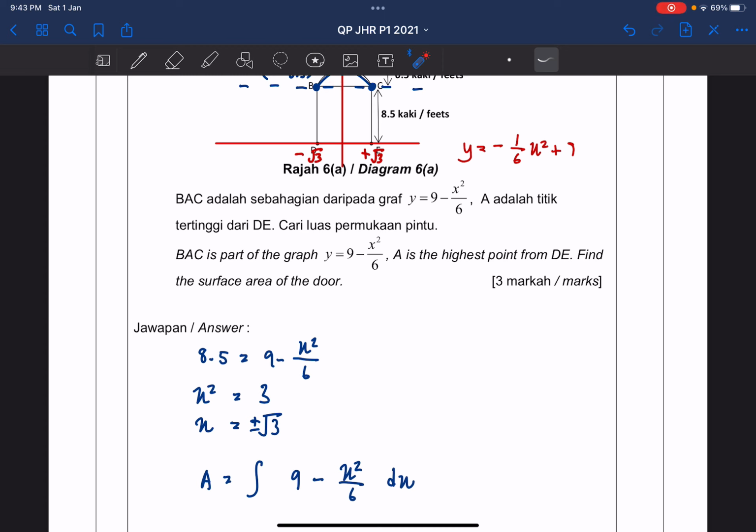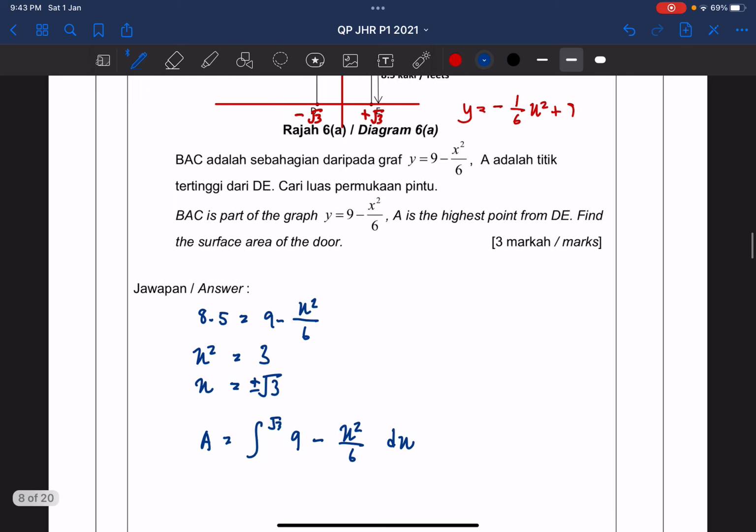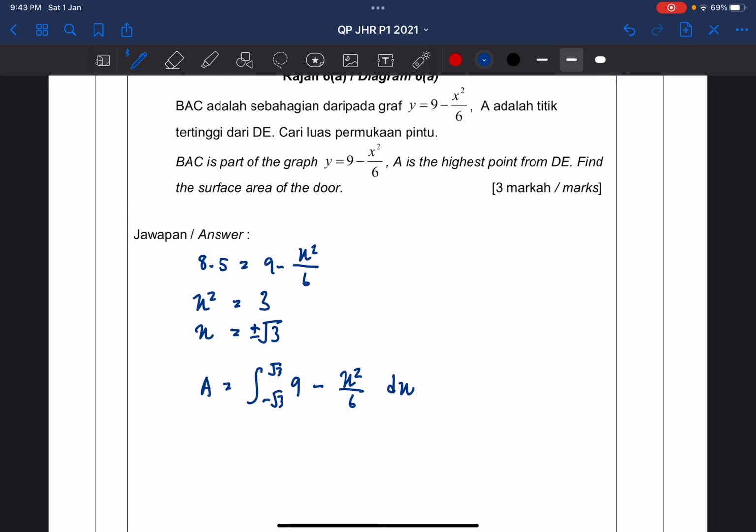Our upper limit will be square root of 3, our lower limit will be negative square root of 3. So start to do your integration: 9x minus x cubed divided by 3 times 6. You get 18.